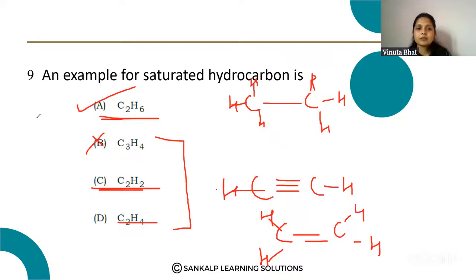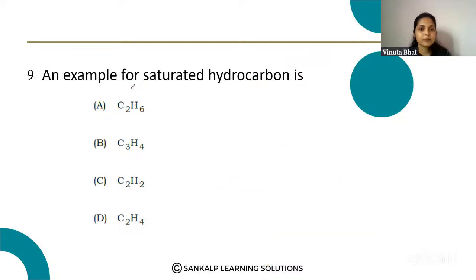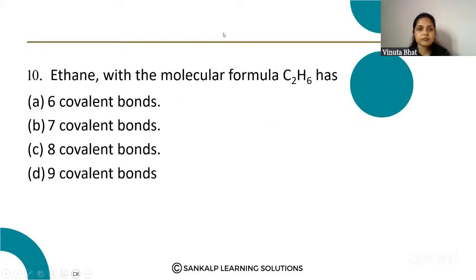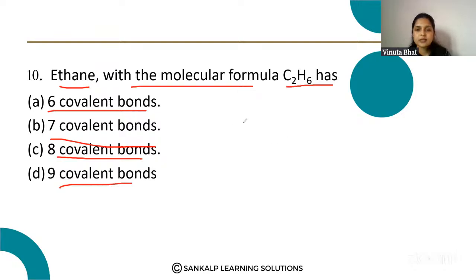An example for the saturated hydrocarbon is C2H6. Next one. Ethane with molecular formula C2H6 has 6 covalent bonds, 7 covalent bonds, 8 covalent bonds, or 9 covalent bonds.